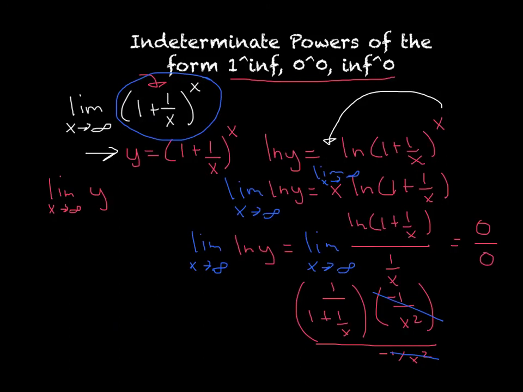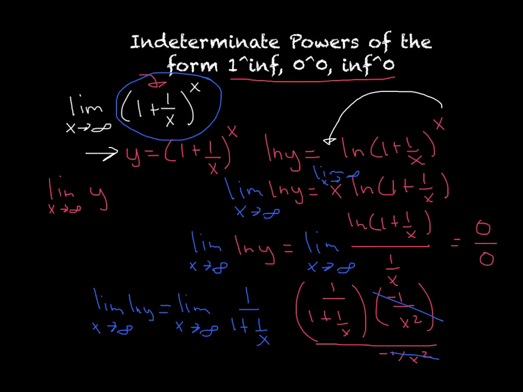All right. And so now, if we take the limit as x approaches infinity of this, which is equal to the limit as x approaches infinity of the natural log of y, well, as x approaches infinity, we just get 1 over 1, because 1 over infinity is 0, so that's just 1.